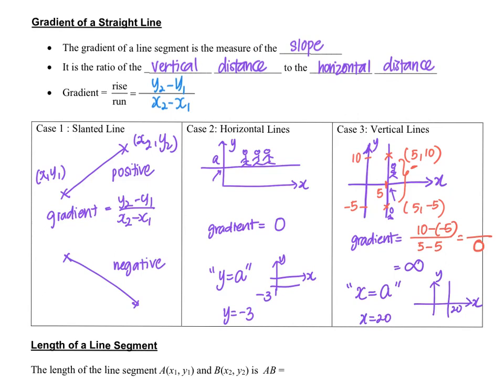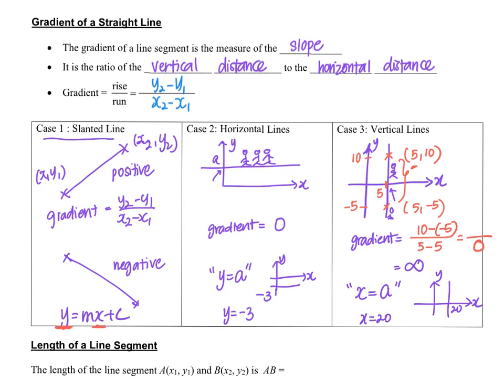Now, what are the differences between these three cases? Case 1 is a slanted line. It cuts both the x and y axes. So my equation for this kind of line is y equals to mx plus c, because it cuts the y-axis and the x-axis.